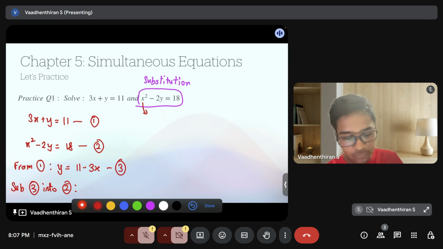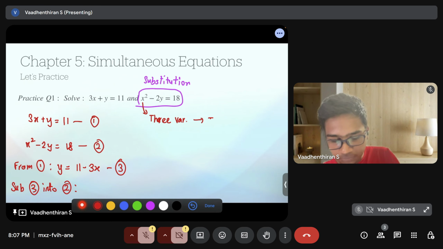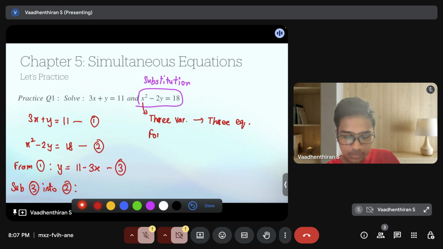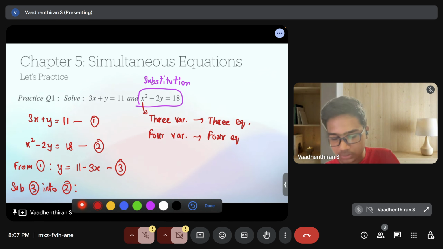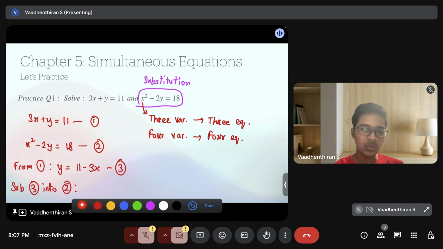Here there are only 2. If you have 3 variables, the rule is to form 3 equations. If there are 4 variables, then the rule is to form 4 equations. This is how you can remember: the number of variables equals the number of equations you need to form.